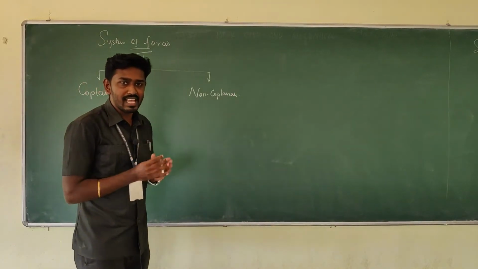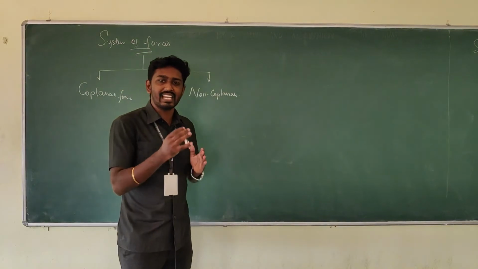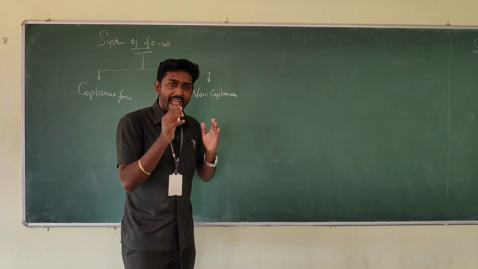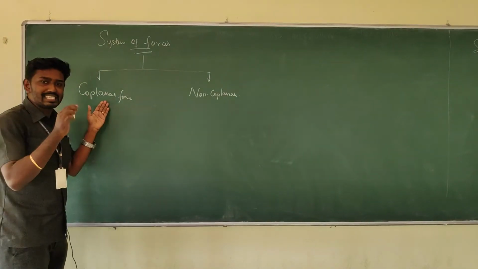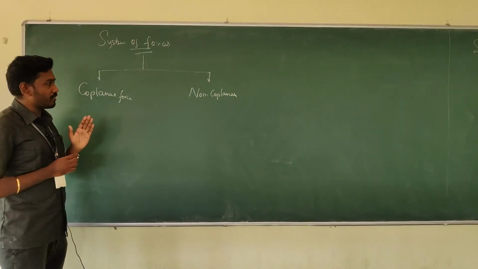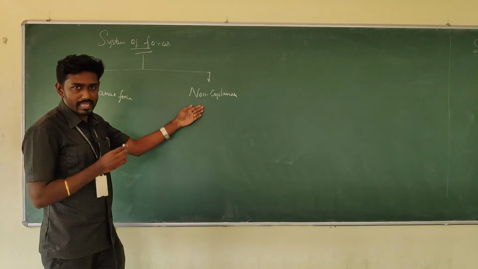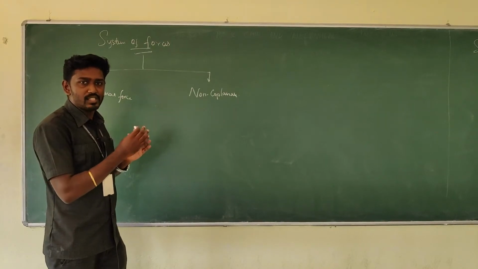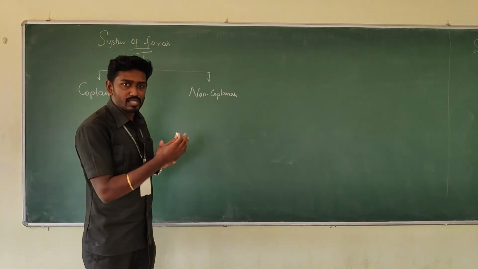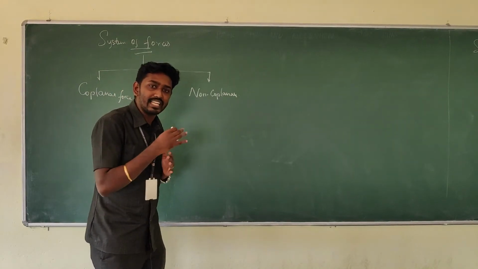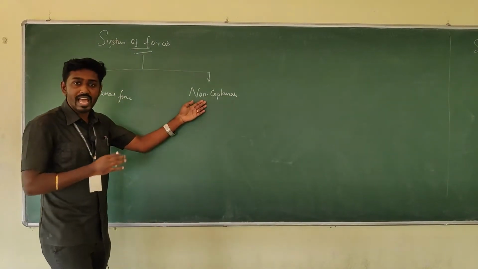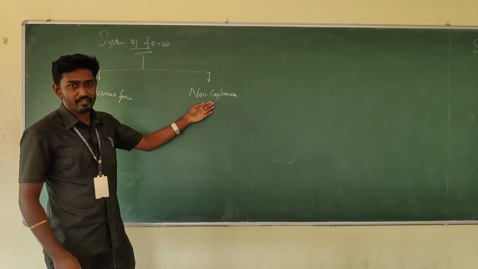Coplanar force means a set of various external forces acting in the same plane. Non-coplanar means a set of various external forces acting in different planes, not in the same plane. Such kinds of forces come under non-coplanar force.